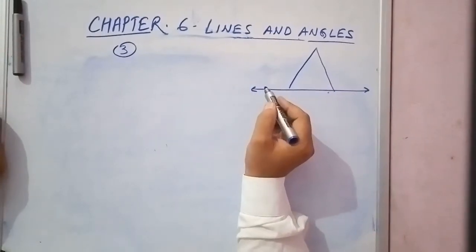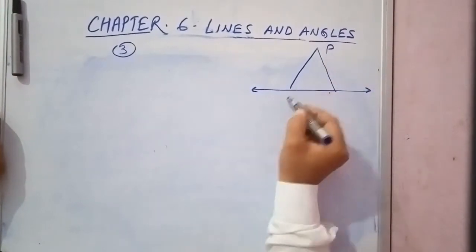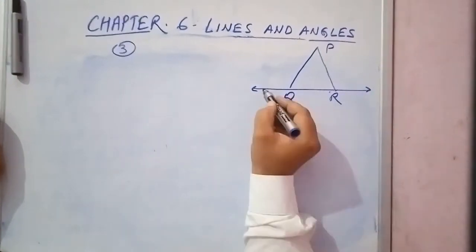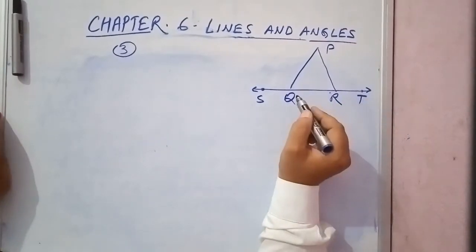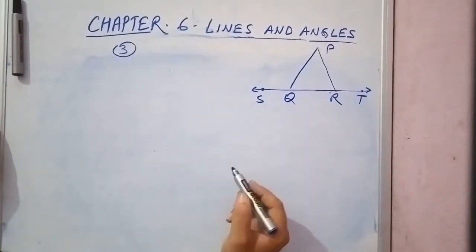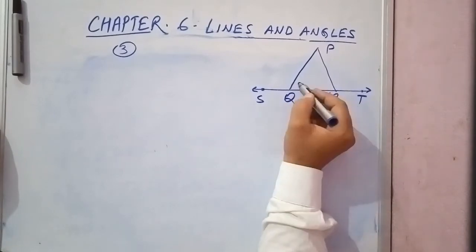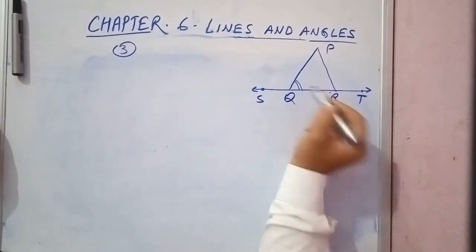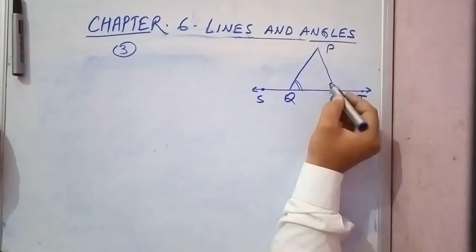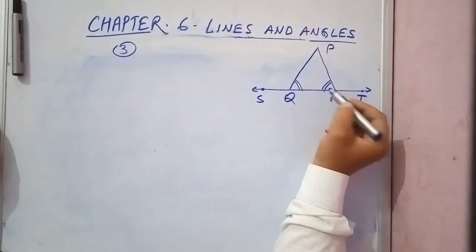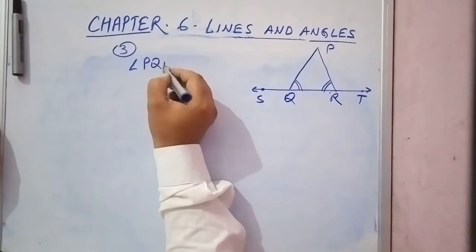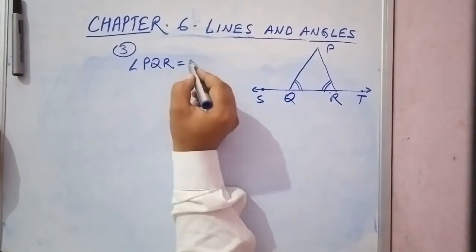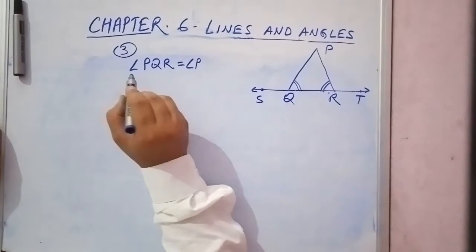This is the triangle PQR, here S, and this is point P. In the figure, angle PQR equals angle PRQ.